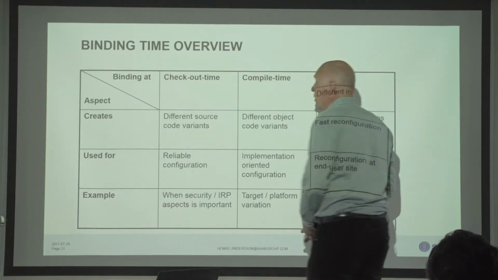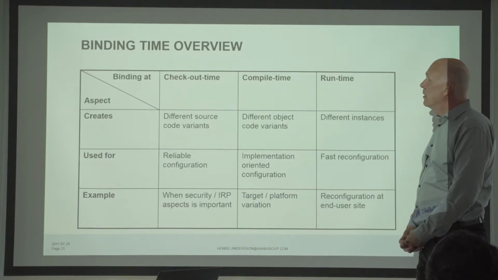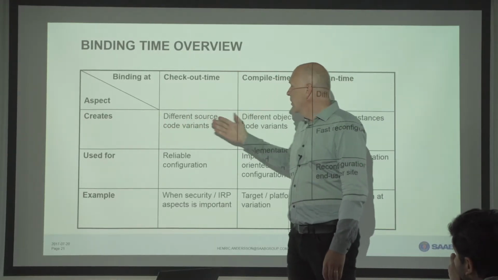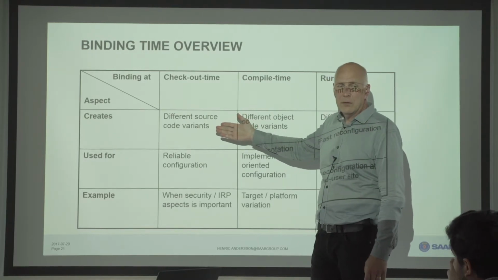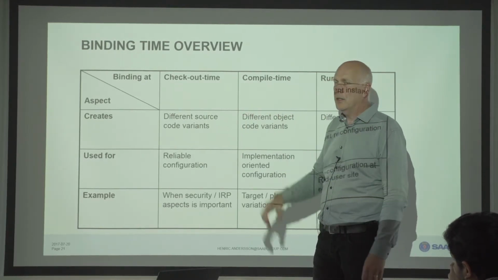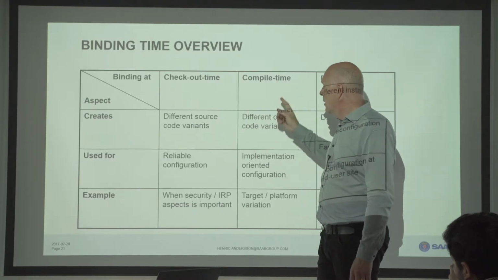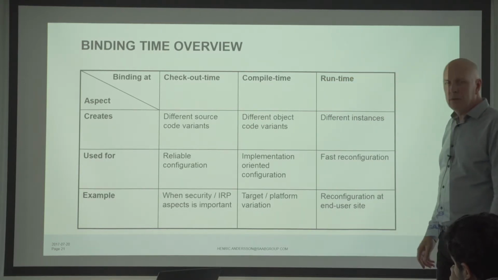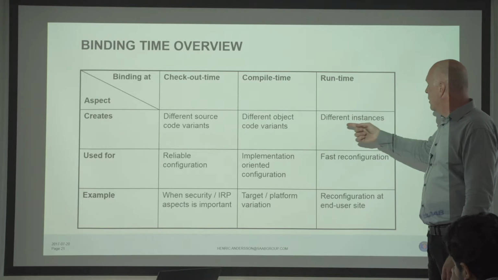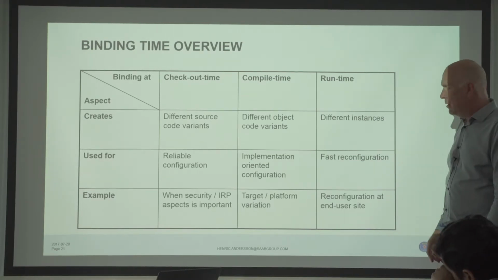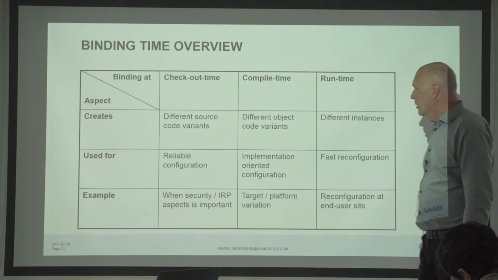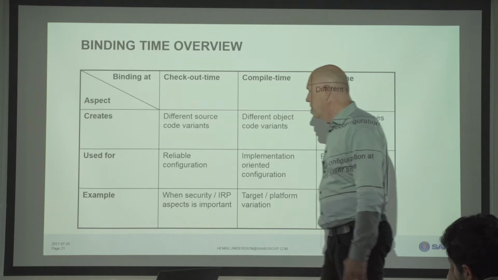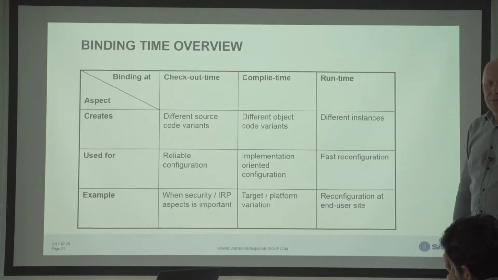So the aspects of binding time: in checkout time, that creates different source code variants. In compile time, we get different object code variants, and in runtime we get different instances. They have different properties. Typically, checkout time binding is used for reliable configuration.